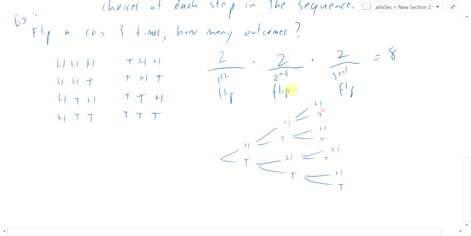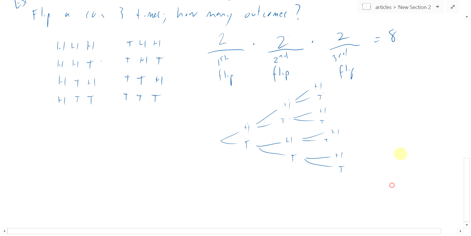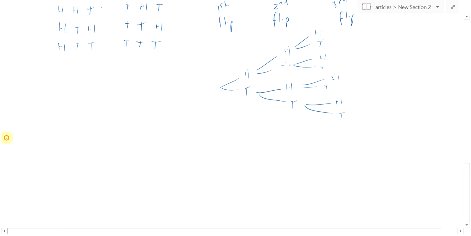Head, head, tail, head, tail, head, head, tail, tail, and same for these 4 and these 4. Right? So an outcome here is the sequence of heads and tails you get if you flip it 3 times. How many outcomes are there? Well, 8. And so that's what the multiplication principle is. You multiply the number of outcomes at each step.